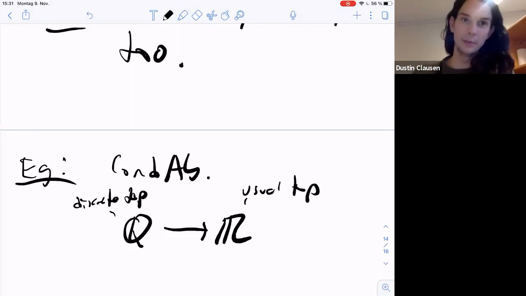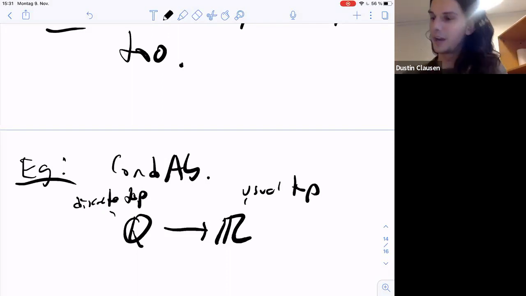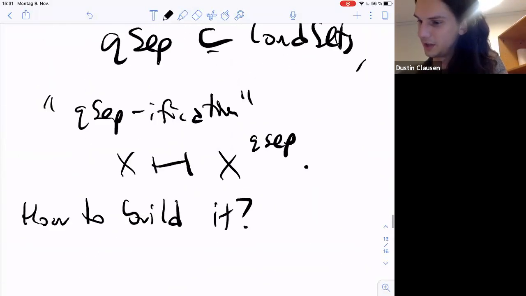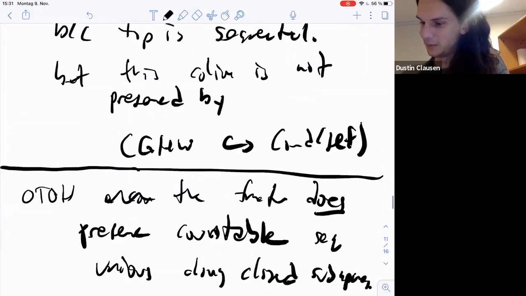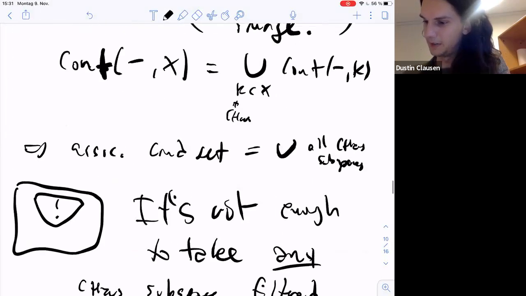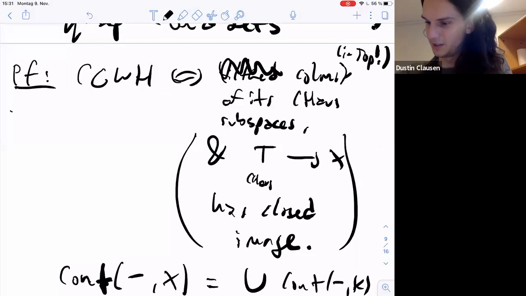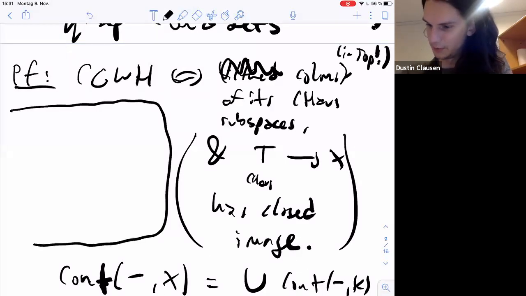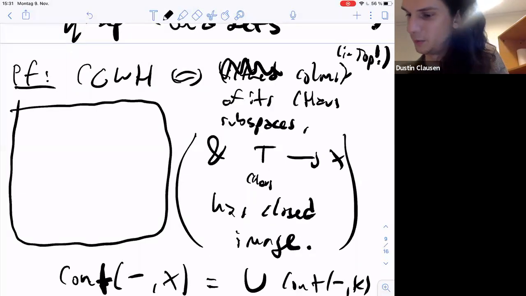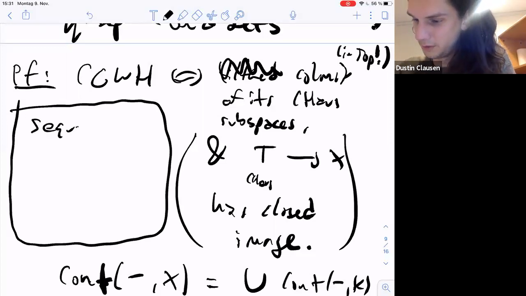By the way, when I was talking about compactly generated weak Hausdorff spaces, I gave you the definition, but I forgot to mention that there are a bunch of more recognizable conditions that imply compactly generated weak Hausdorff, among them sequential, or locally compact.